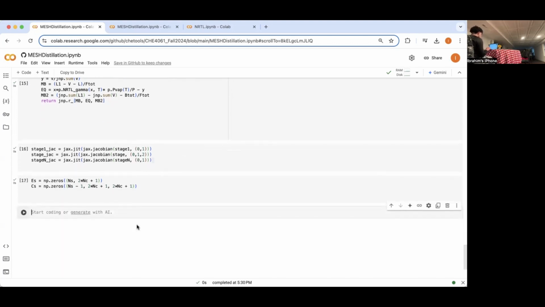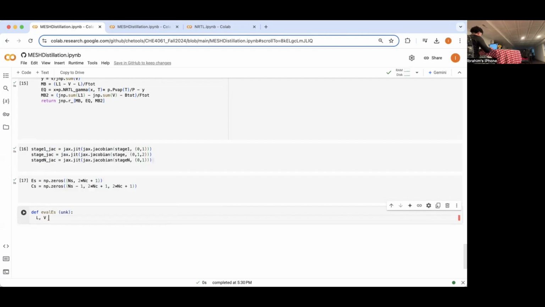Now we want to go ahead and evaluate this. This is going to be a pretty large chunk, as we have to evaluate our Es as well as our Cs, creating some if-else statements and for loops. First off, let's define evaluate Es as a function of our unknowns, unc.